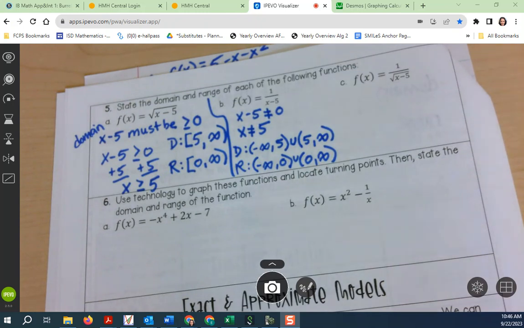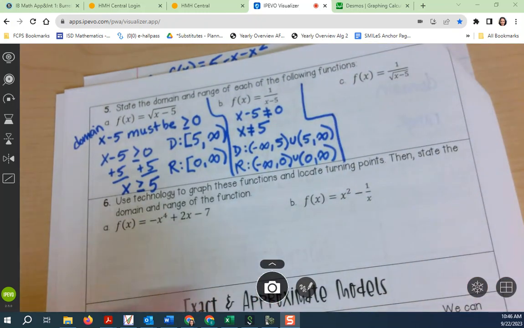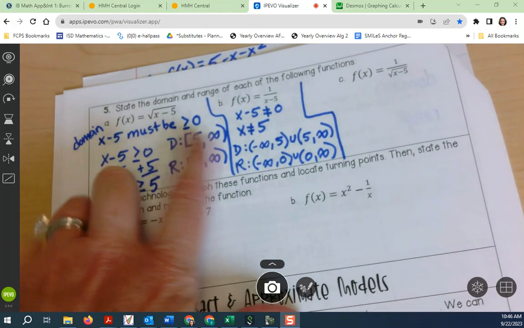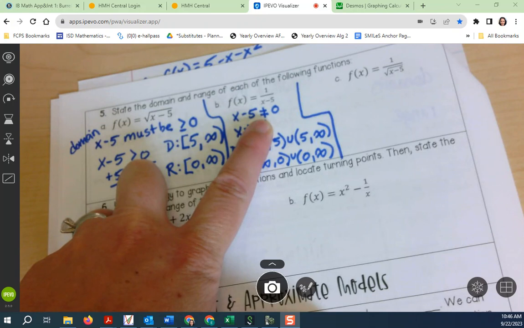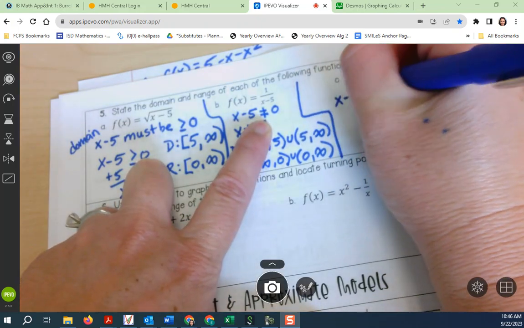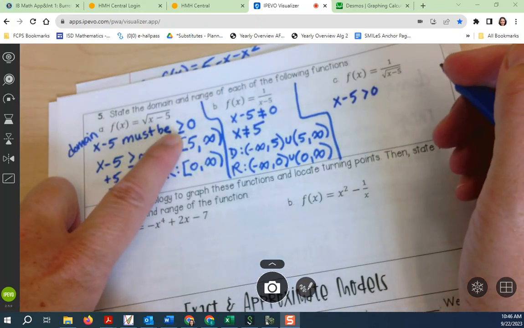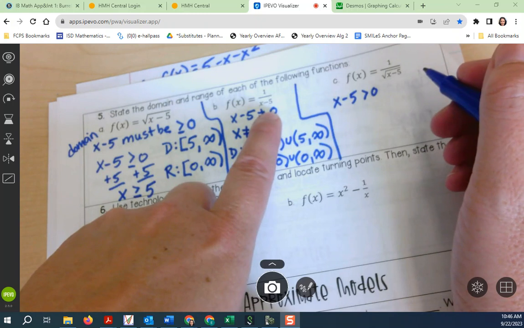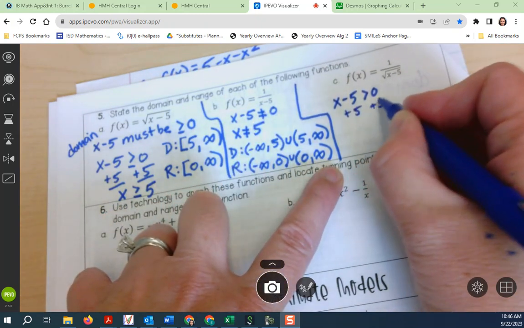Okay, so in this one, it is both a square root and a denominator. So greater than or equal to 0, but also not equal to 0. So just what? Just greater than, yeah. So x minus 5 is just greater than 0 because we know it has to be positive, but because it's a denominator, it also can't be 0. So we'll add the 5, like that.